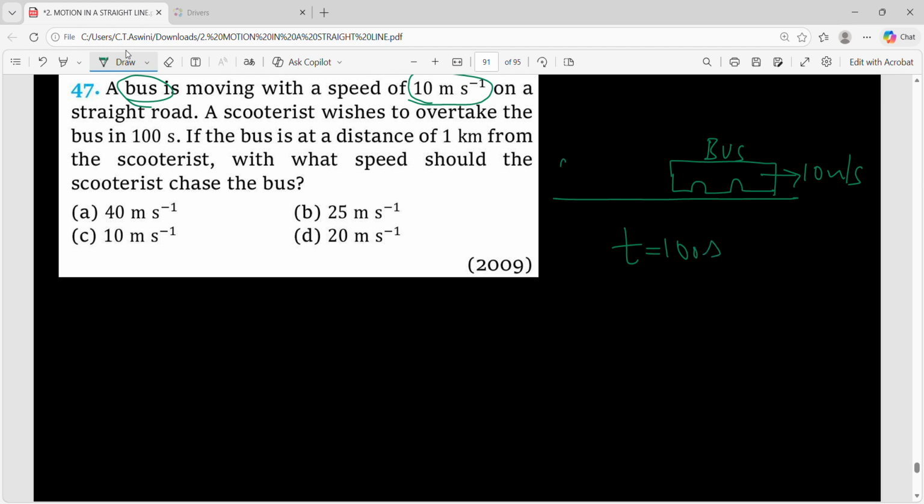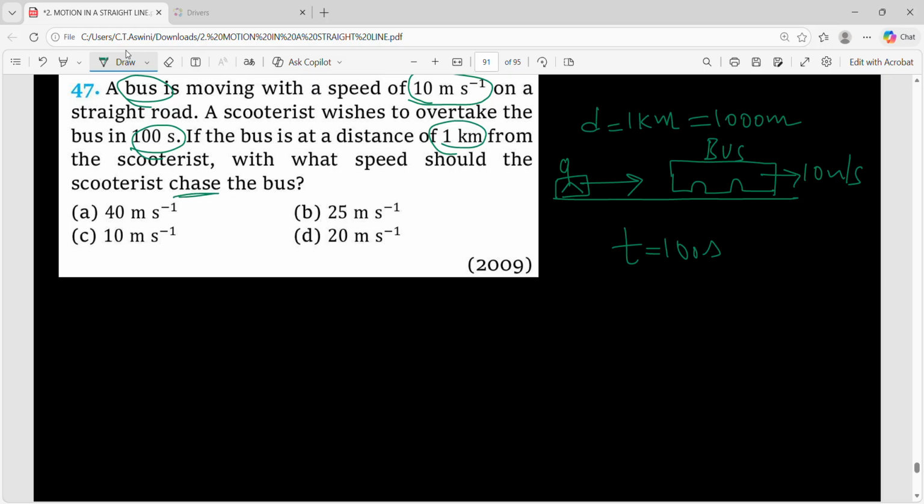So in a time gap of 100 seconds, there is a scooterist going on the scooter. He wants to overtake the bus. That means he also must travel in the same direction, right? The bus is at a distance of 1 kilometer. So what is the distance given here? 1 kilometer, which means 1000 meters.